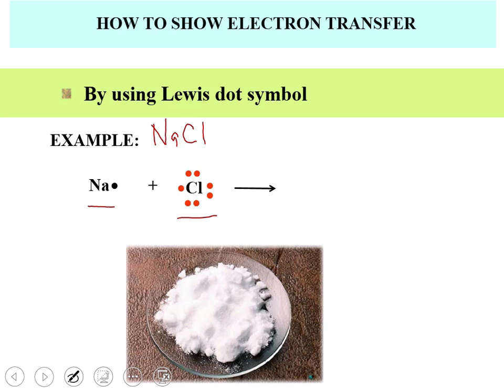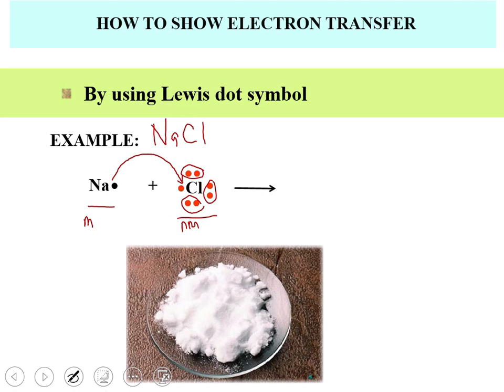Na is metal, Cl is non-metal, so Na will transfer the electron to the non-metal atom. How? Just bring an arrow towards the electron that is not yet paired. If you see here, it is already paired, paired and paired, so bring the electron to the electron not yet paired.